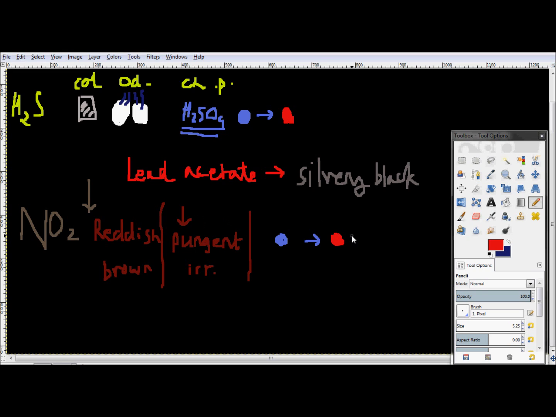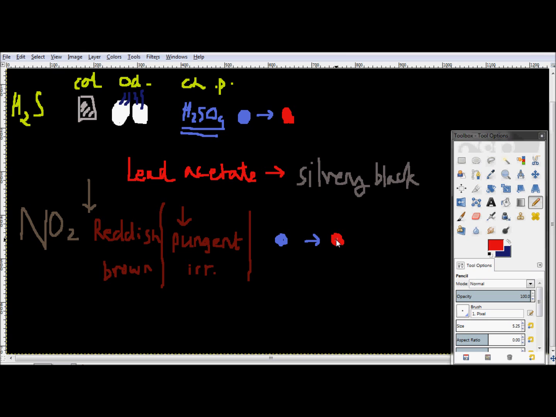So from blue to red you could figure out it's acidic, and then you could slowly eliminate all the other options. All the basic and neutral gases you could eliminate, but more often than not there'll be one very distinct property which only that gas will have. So that's the key. You just need to know the very distinct properties.